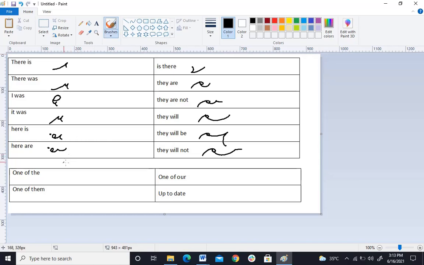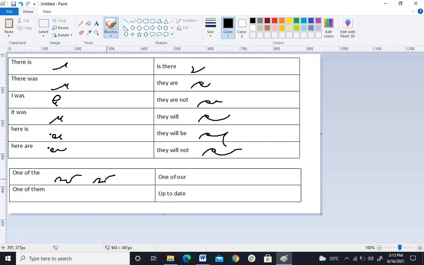Tulad ng ating one of the, okay? Kapag isusulat po yung one of the, magiging one of the. Pero since this is a special case, o yung tinatawag nilang special phrases or limited word phrases, ang magiging ano na lang nito is one the.